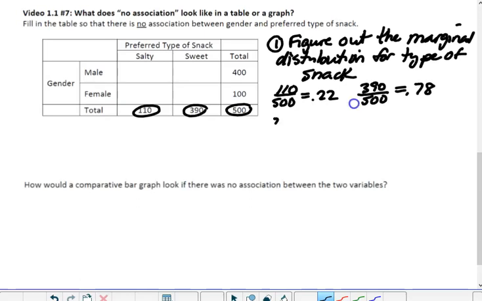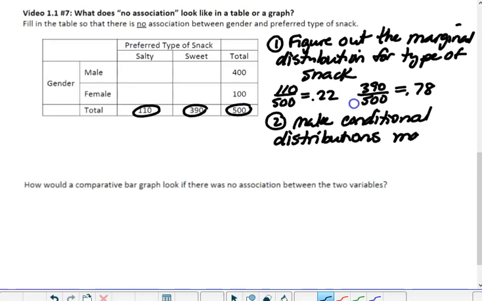Now, number two, we're going to make the conditional distributions for each of our gender categories match the marginal distributions, which means I need to have 22% of both males and females preferring salty and 78% of both males and females preferring sweet.